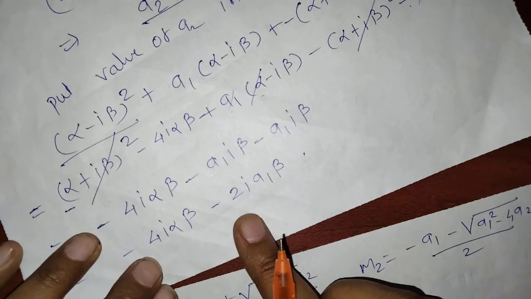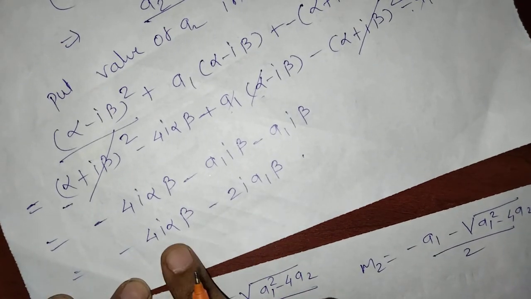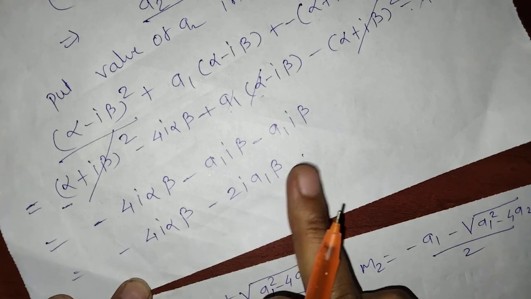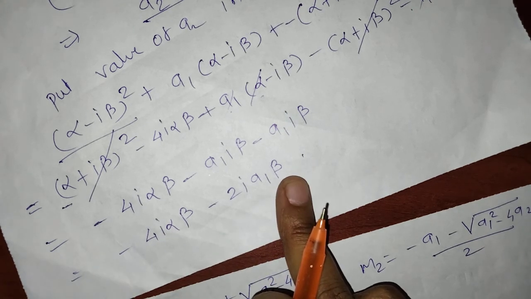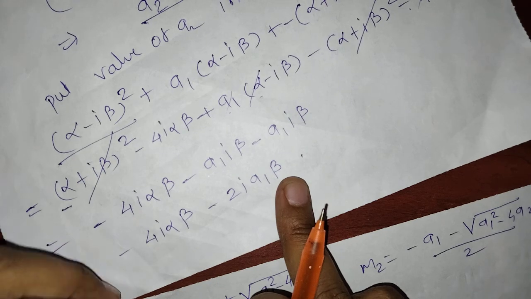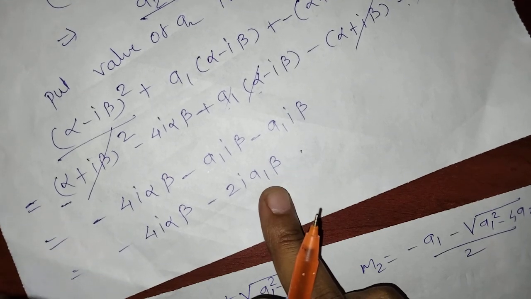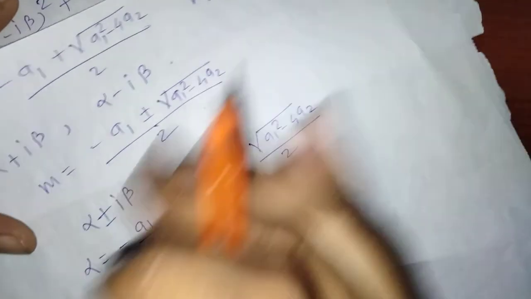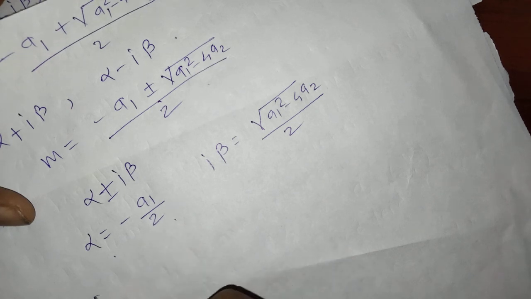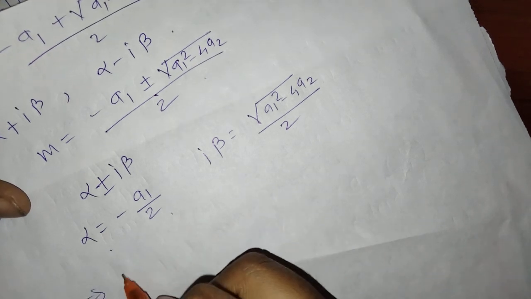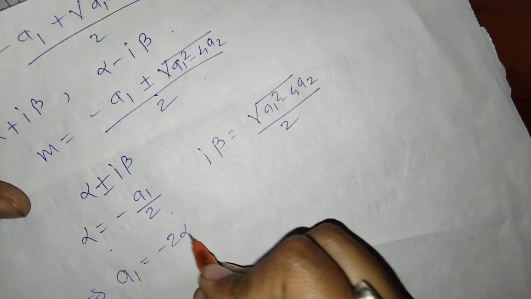Now here you can see that to show that this is equal to 0, we have to know what is the value of beta or what is the value of a1. So from this you can find out the value of a1. So a1 is equal to minus 2 alpha.